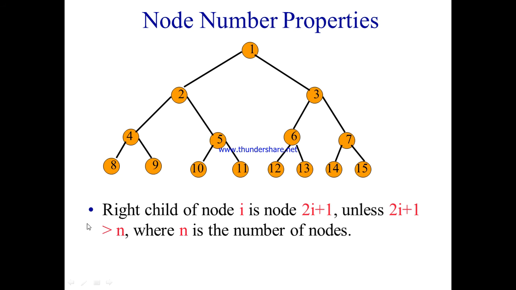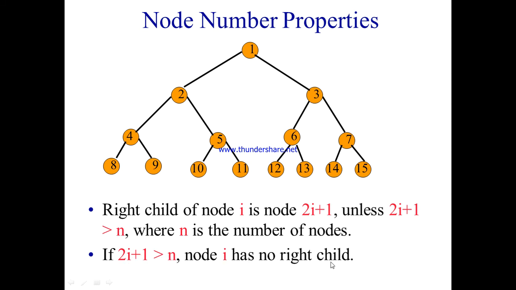The restriction is that the number of nodes is n, so I cannot exceed it. If 2i plus 1 is greater than n, then node I has no right child.